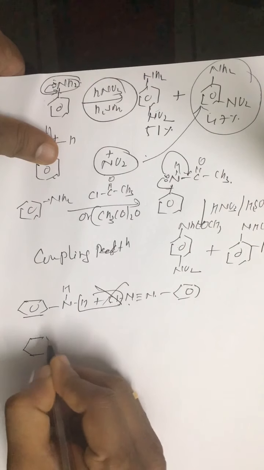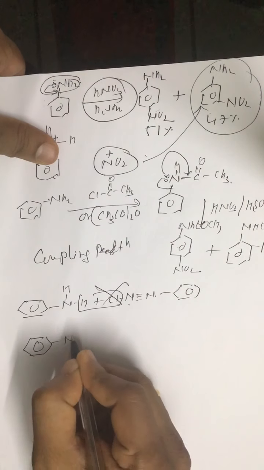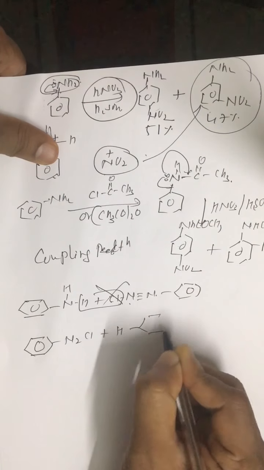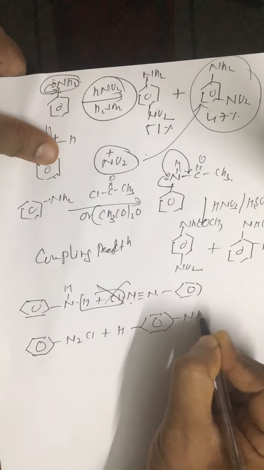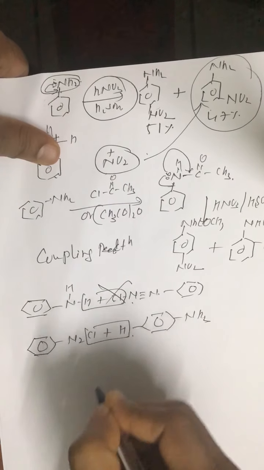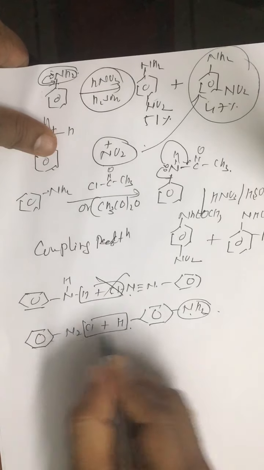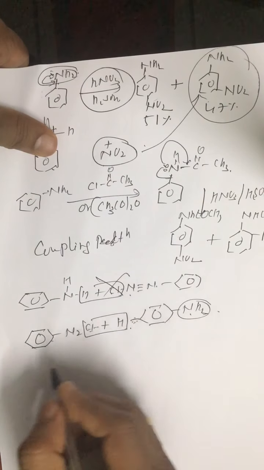This is C6H5N2Cl, and H at the para position is removed, and we get para-aminoazobenzene, this product. These two are attached.